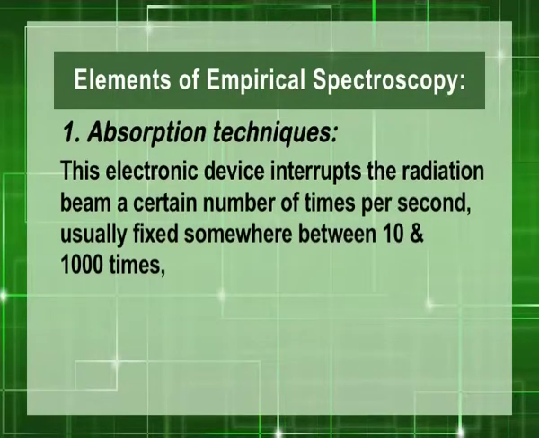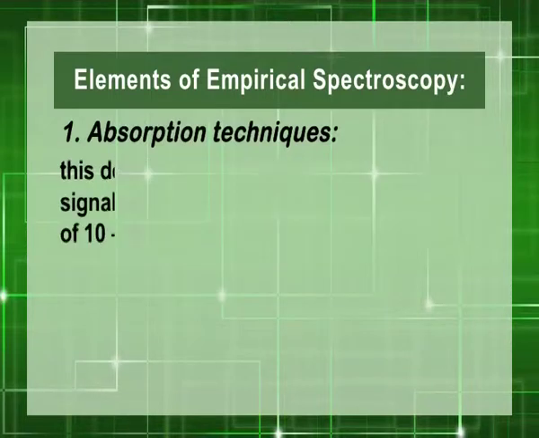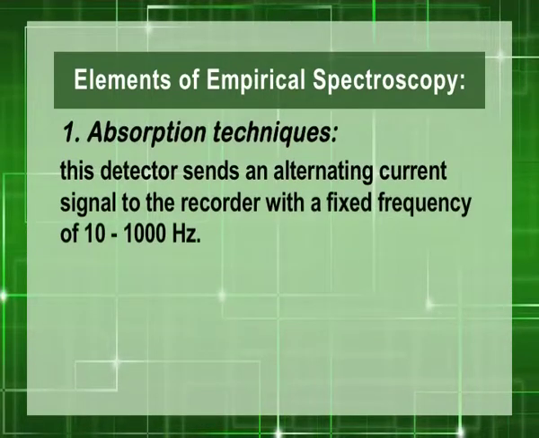This electronic device interrupts the radiation beam a certain number of times per second, usually fixed somewhere between 10 and 1000 times, and the detector sends an alternating current signal to the recorder with a fixed frequency of 10 to 1000 Hz.